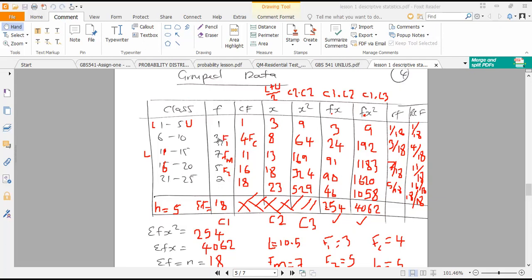Then you add 1 plus 3, 4. You keep adding: 4 plus 7, 11. 11 plus 5, 16. 16 plus 2 is 18. This 18 must always be the same as the total of the frequency here. So summation of f is 18. This is also the same as n. Summation of f is simply the sample size that we have here, 18.